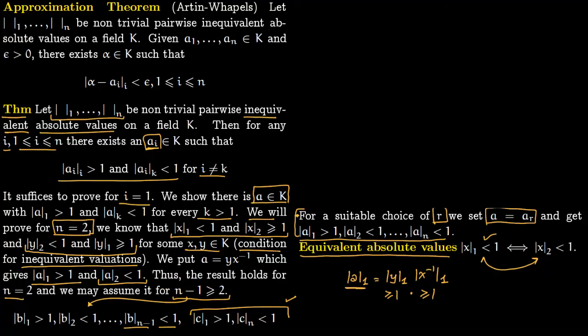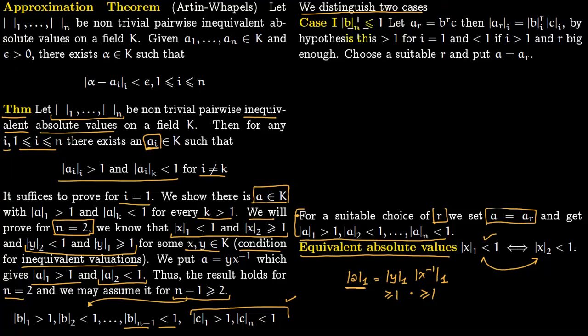So now we distinguish two cases. In the first case, the absolute value of b at n is less than or equal to 1, and in the second case, the absolute value of b at n is greater than 1. So those two cases will cover everything. So from here we will have to go to here, and this will be easy to see.